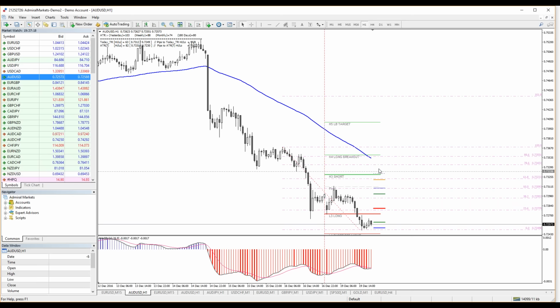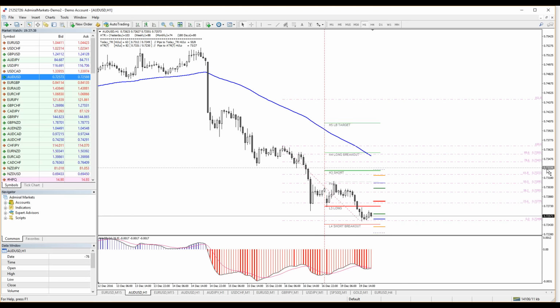So this is the zone where we could see some shorts, because this one will also go here as the price proceeds. So there will be a lot of confluence here. So 73.30 for me is a sell. Above 75 is the stop.